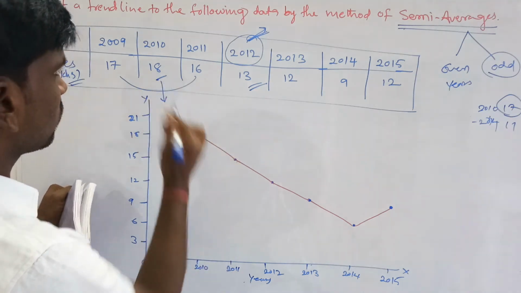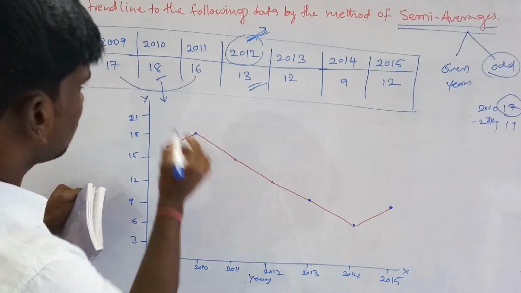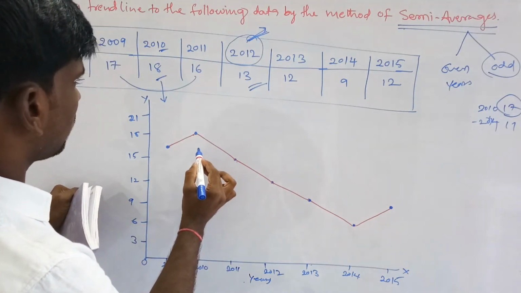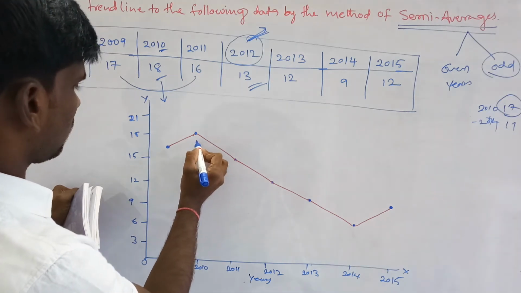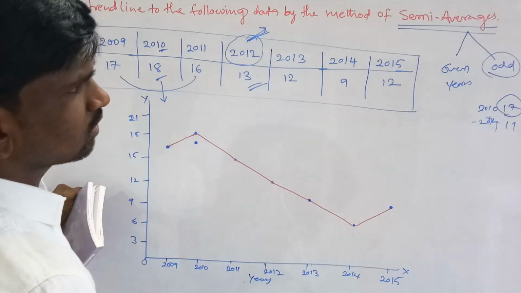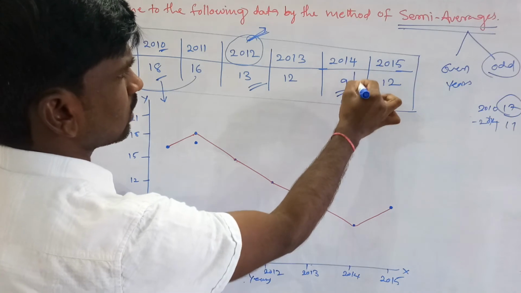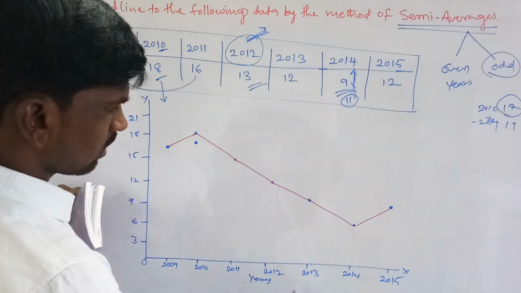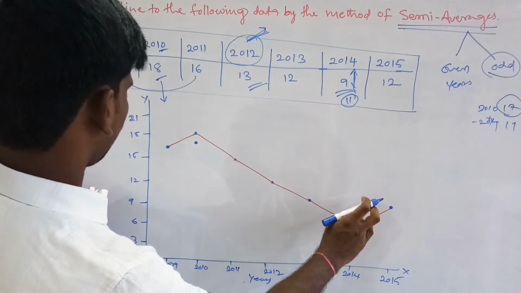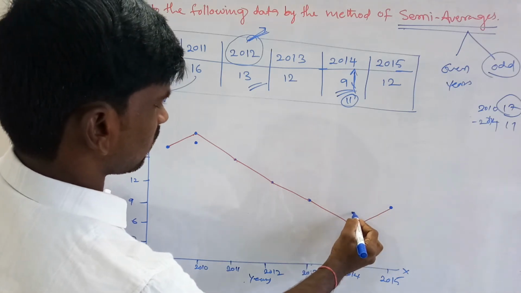The semi-average of the first 3 years is 17. That is at 2010. So 2010, 17, approximately, right? And 2014 is 11. The second part average is 11. That is for 2014, right? 2014, 11. Approximately.